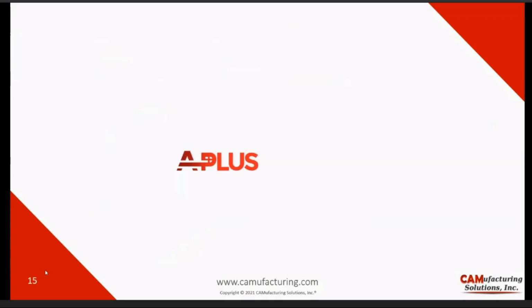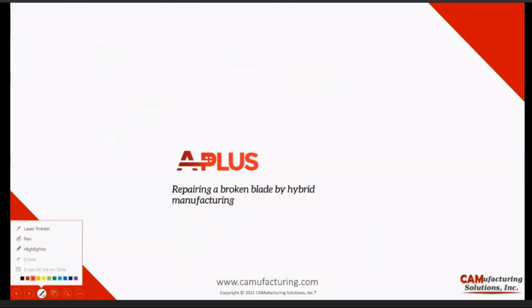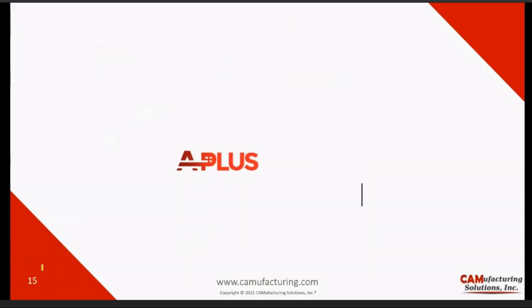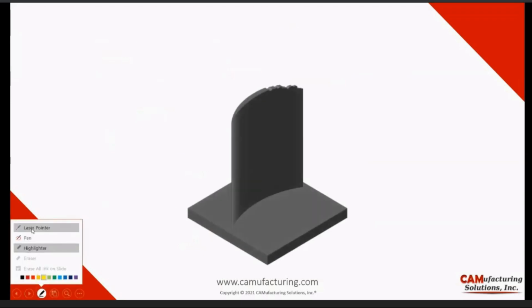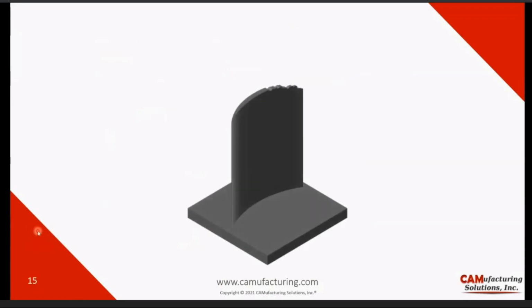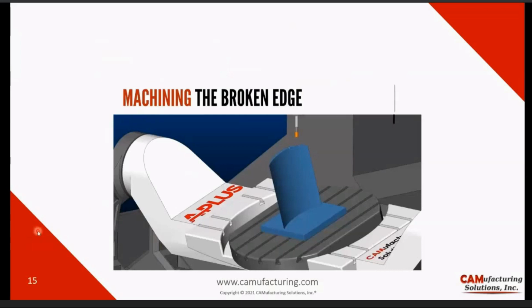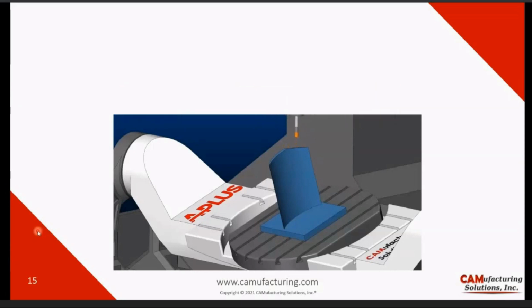So now let's take a look at the video to have a deeper look at how that process was done. So this is our broken blade. This is the machine simulation of the initial machining. It's just a very simple machining on the top surface in order to have a smooth surface to work on.